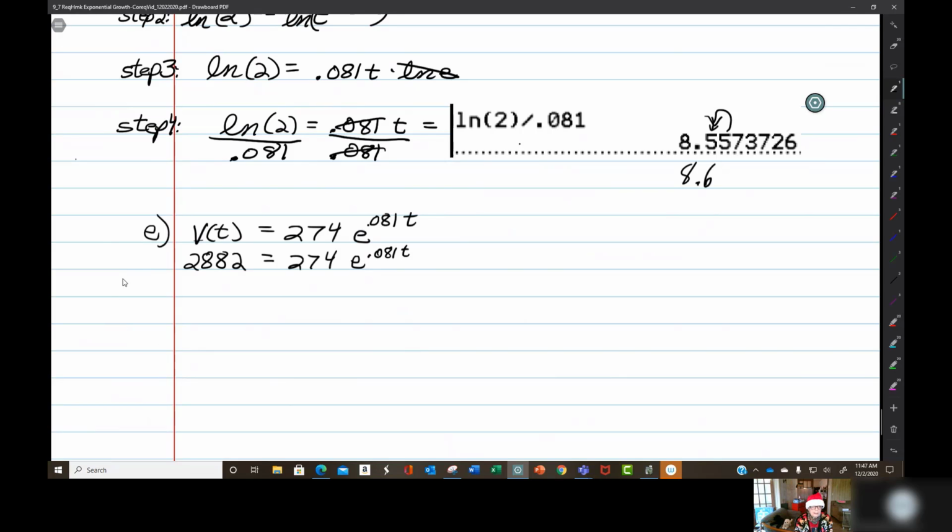Okay, so step 1. Divide both sides by the number in front of e. But don't put it in your calculator yet. Okay, 2882 over 274.